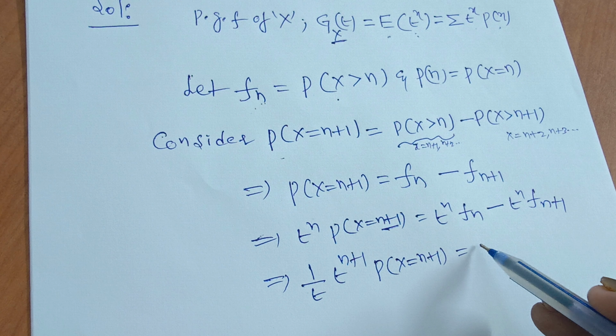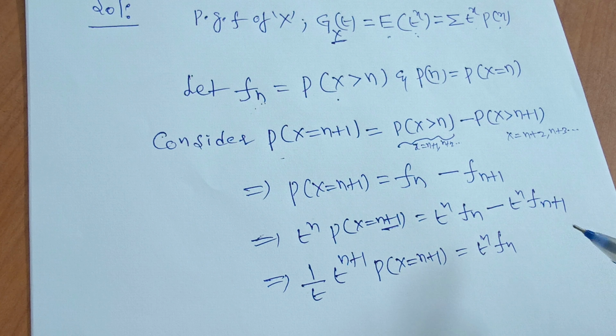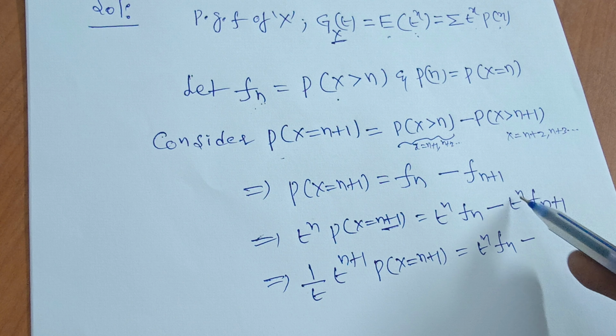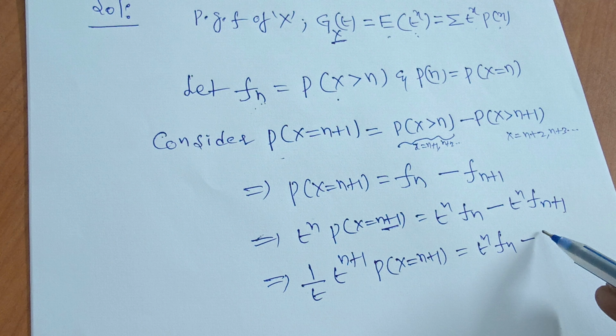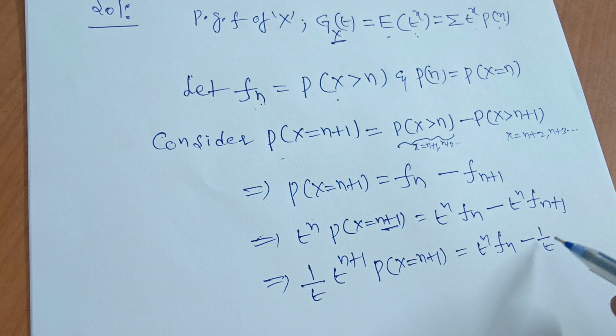That's why it can be written as usual t power n fn minus, here we need to transform the power of t value as n plus 1 by multiplying and dividing with t. t power n plus 1 into f n plus 1.